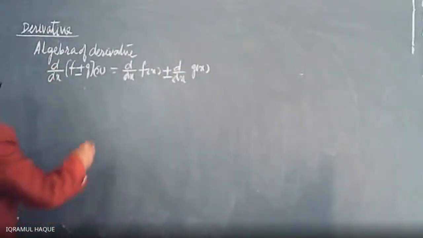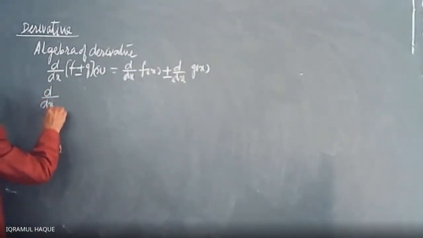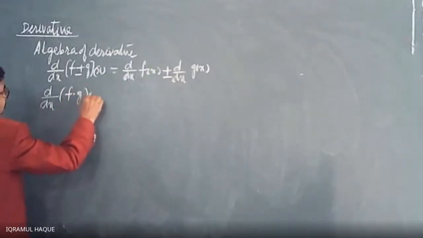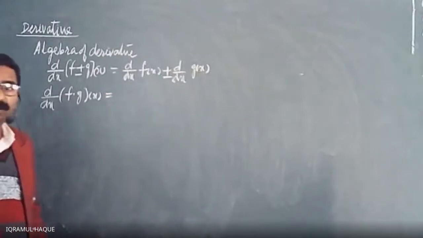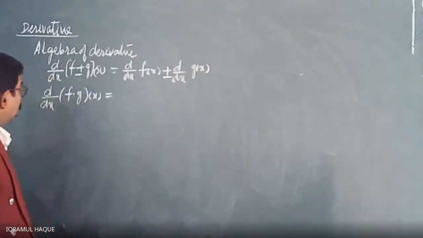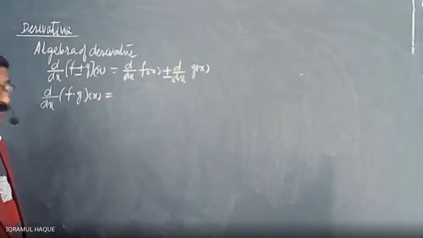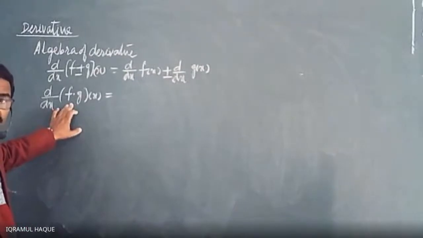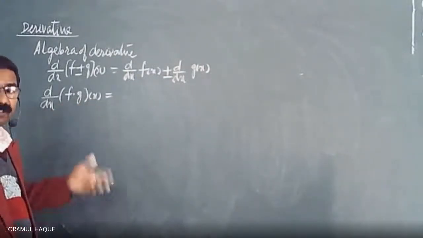Now let's see d of dx of f into g of x. Product rule. It is a very important rule. So what we do? First we find the derivative of first function into second function plus derivative of second function into first function.